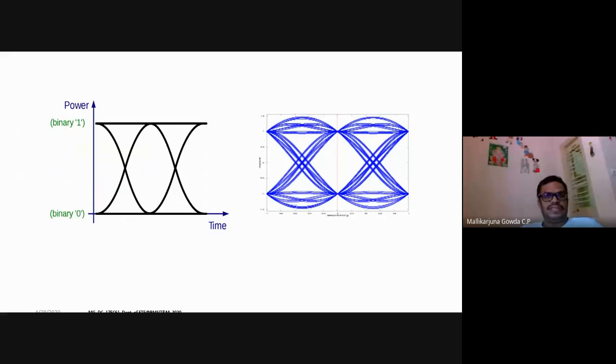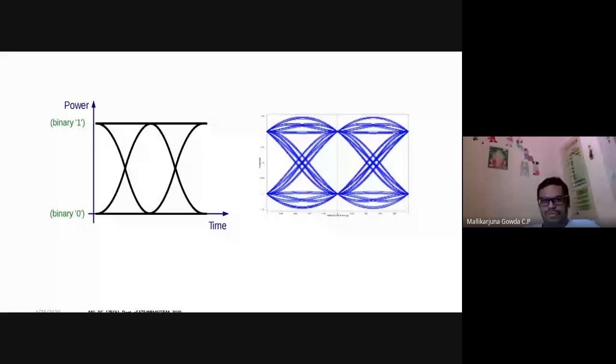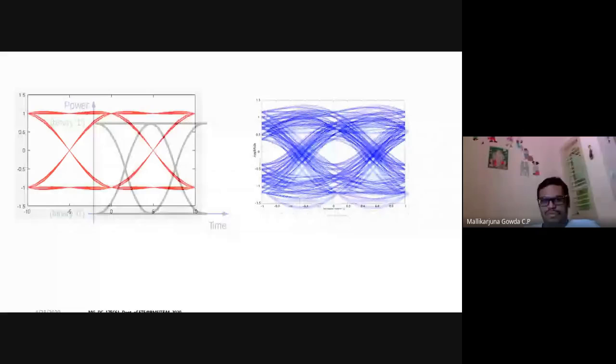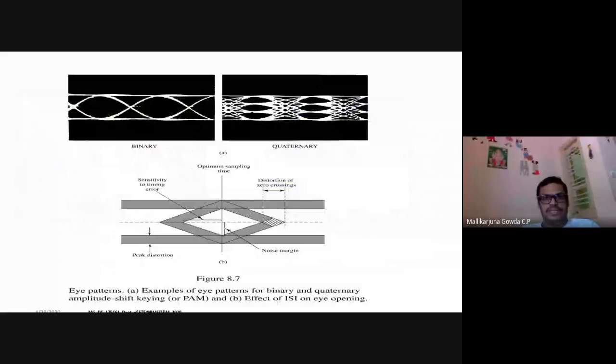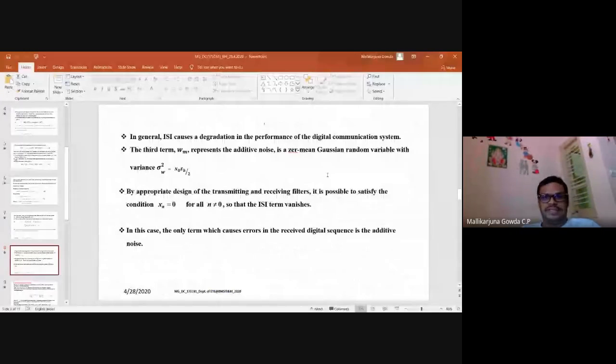And then binary 0 with another one. This is for quaternary. So let me take now some other slides where I can throw more light on this eye pattern.